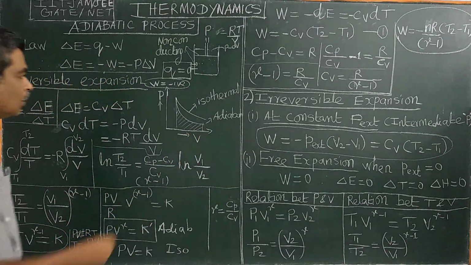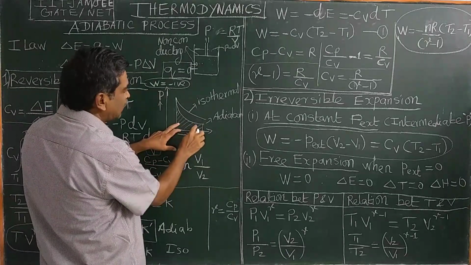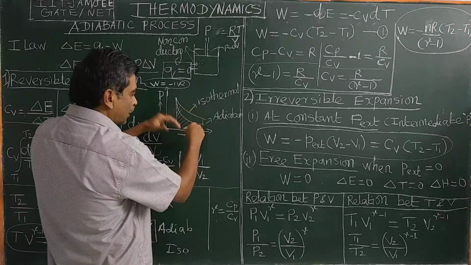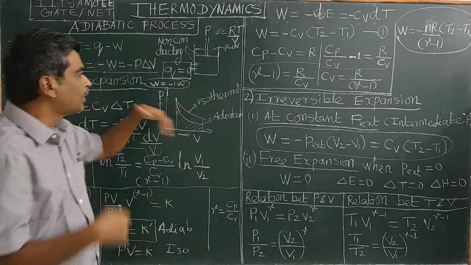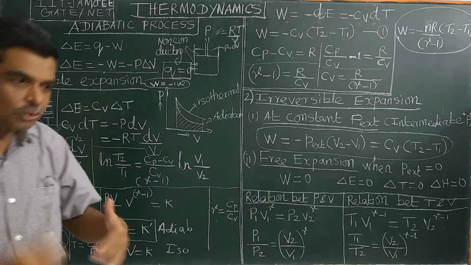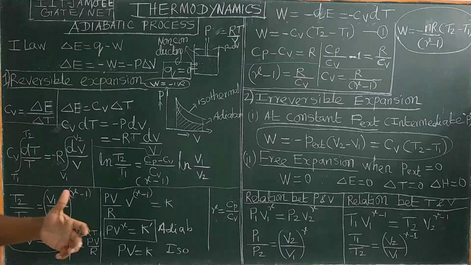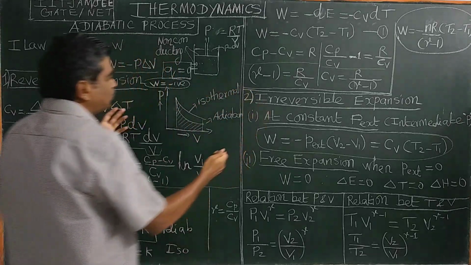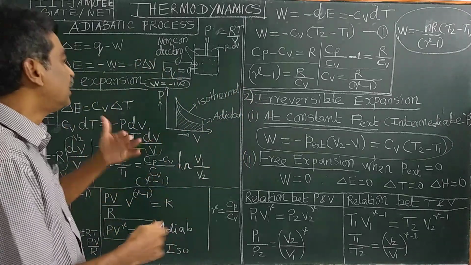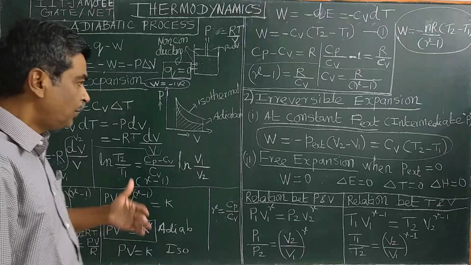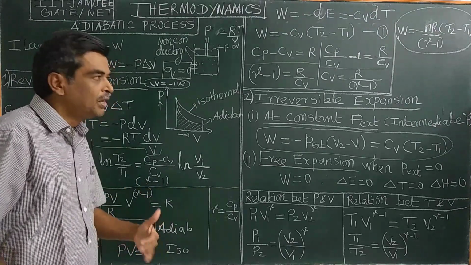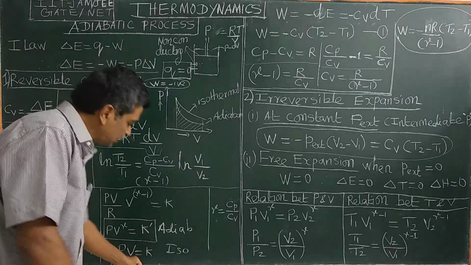For adiabatic, the area under the curve is less, whereas in the isothermal case, if you see, the area under the curve is more. Therefore, the maximum work is done during the isothermal reversible expansion process than the adiabatic reversible expansion process. We will continue with entropy change and free energy change in the next class. Thank you.